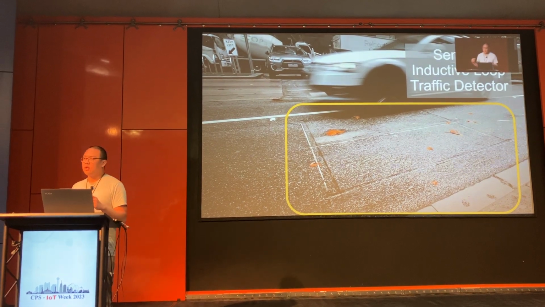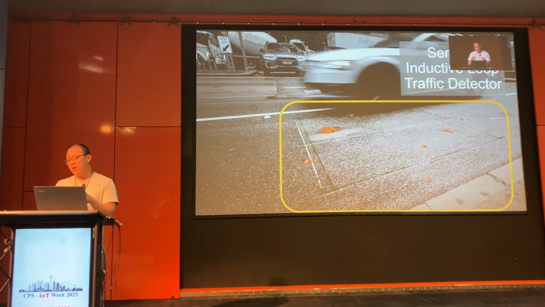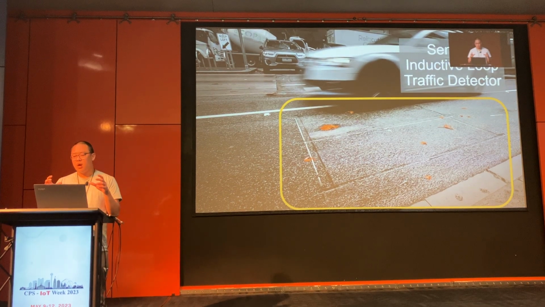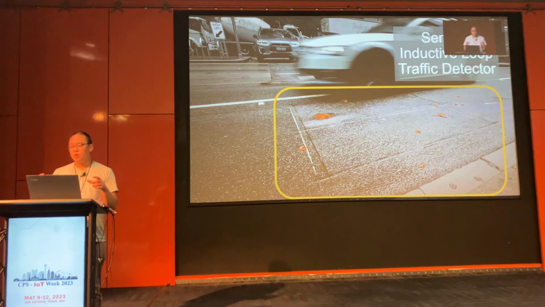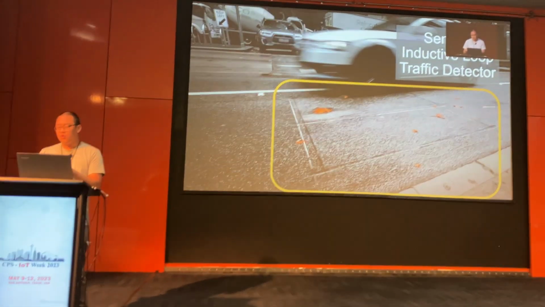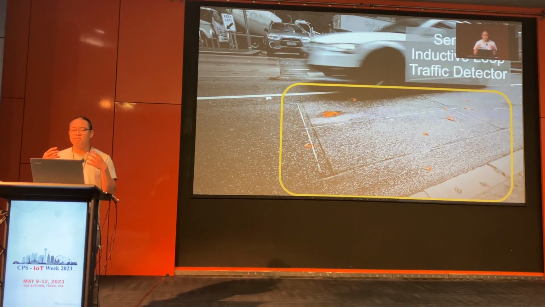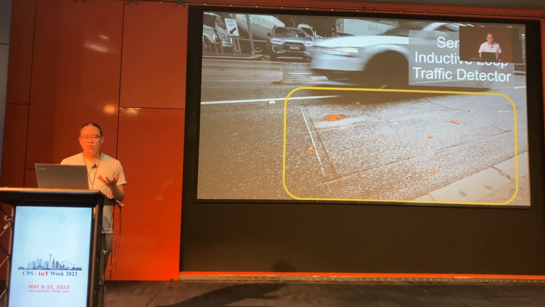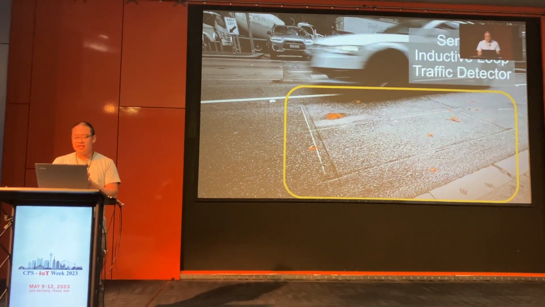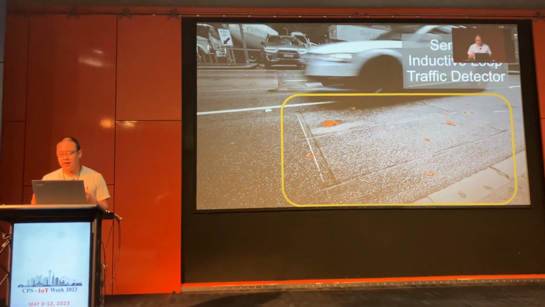If we put alternating current in one of the loops, it will induce a current in the other loops, and depending on whether or not there are metals around and how fast the metals are moving, it will induce a different kind of current in the other loop. If we measure that current, we basically have a metal detector, and not only that, we can measure the speed of the moving metals. And this is how we get a traffic detector. We can detect bikes, cars, vehicles.